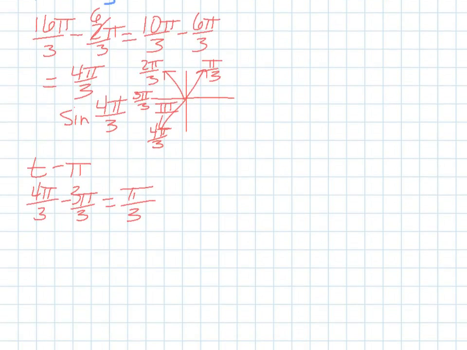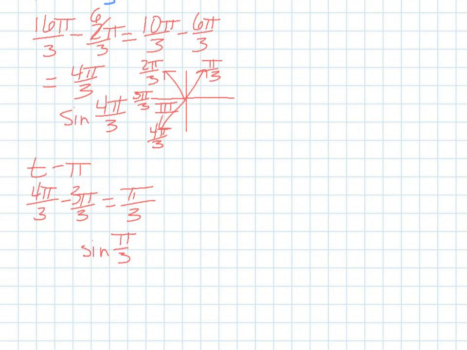Okay. Now, sine of 4 pi over 3 is not the same thing as sine of pi over 3. Because when we're looking at our unit circle or our coordinate plane, pi over 3 is in the first quadrant where sine is positive. 4 pi over 3 is in the third quadrant where sine is negative.